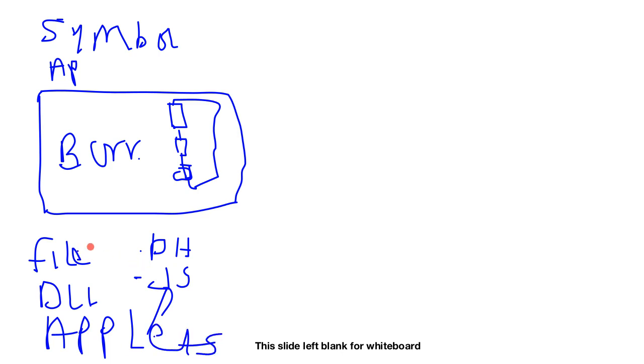When you talk about files, you are talking about a .doc file, an executable file, maybe .dll. These DLL files are mostly used as system files. They are the ones that allow the execution of a certain file within the operating system. So within this, we are talking about a file and we call it .java.